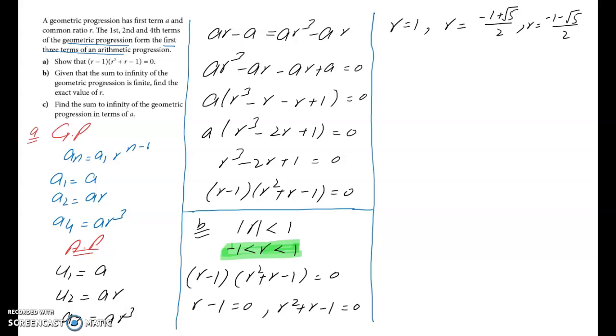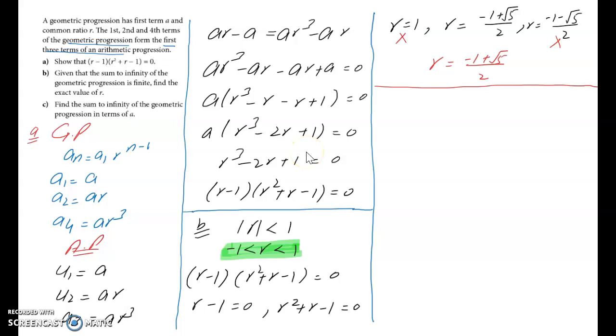So we are not going to take r = 1, and if you simplify the first value, it is 0.618, and the second is around -1.6. So we are not able to take those values, so the only option we have is r = (-1 + √5)/2. Since it says the exact value, we will take this as an answer.